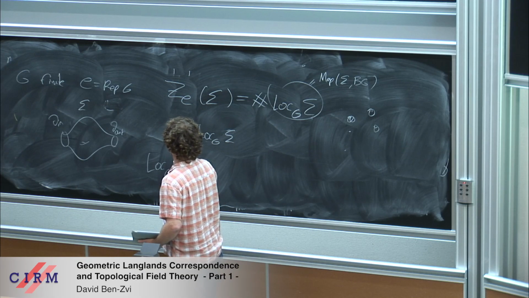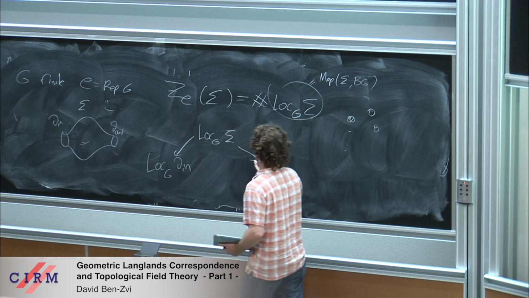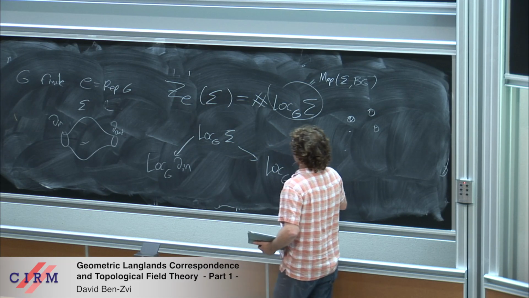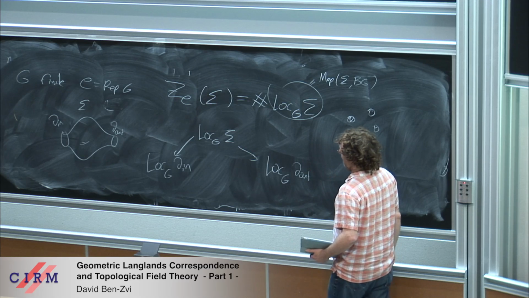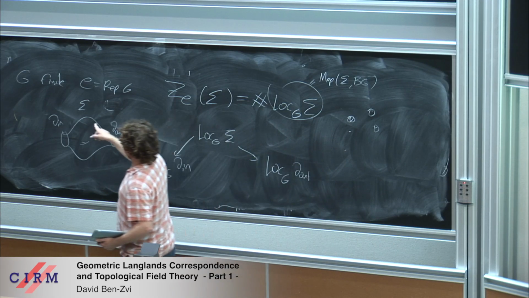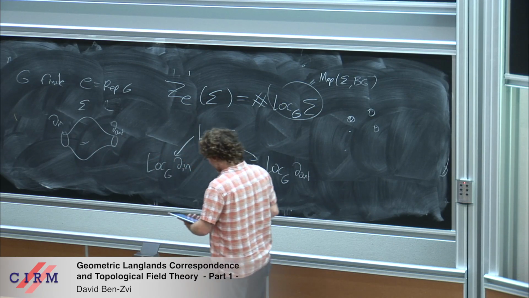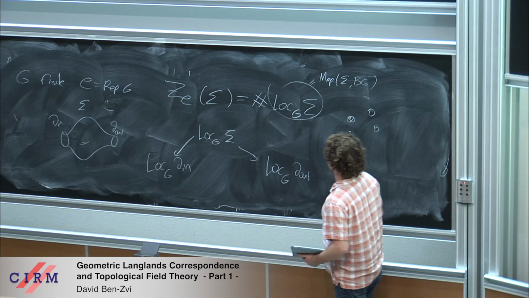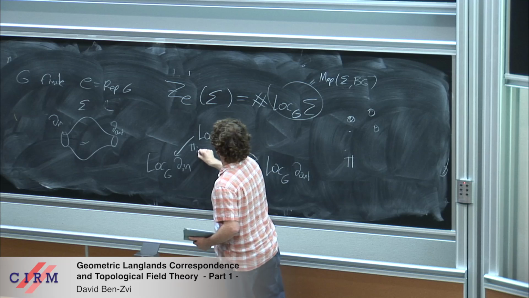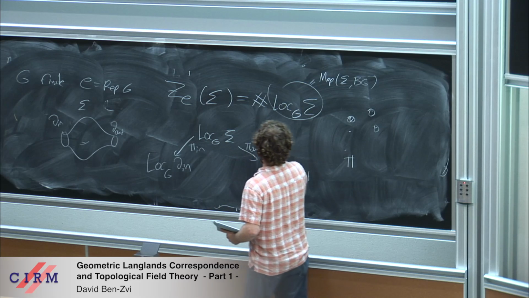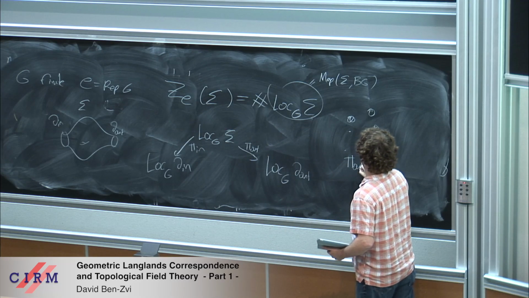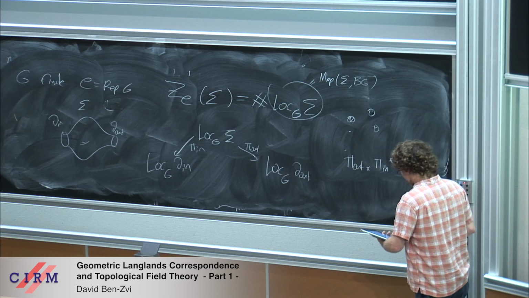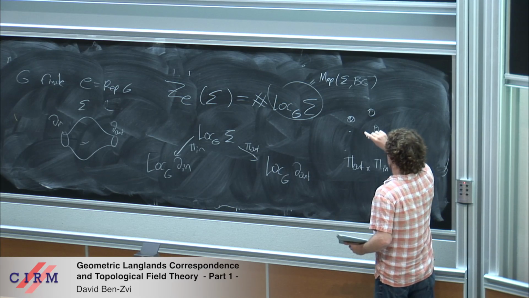I can look at local systems on the incoming boundary and local systems on the outgoing boundary. Local systems on sigma define a correspondence between these by restriction to each of the two boundaries. Let's call these pi in and pi out. And I have an operation which is pi out push forward of pi in pullback.